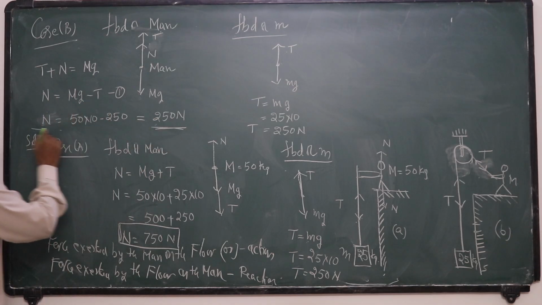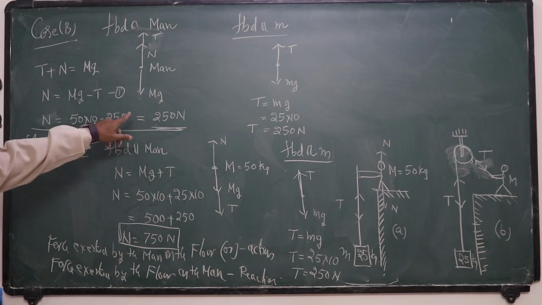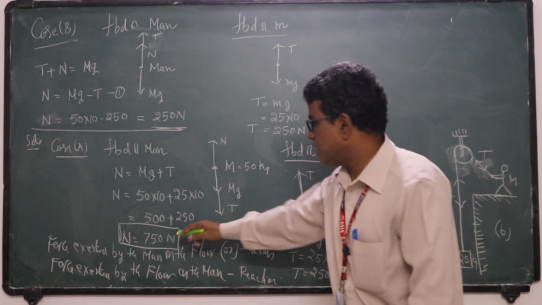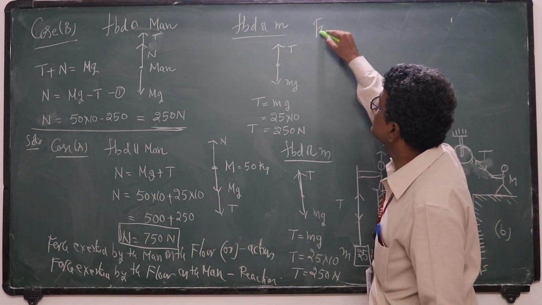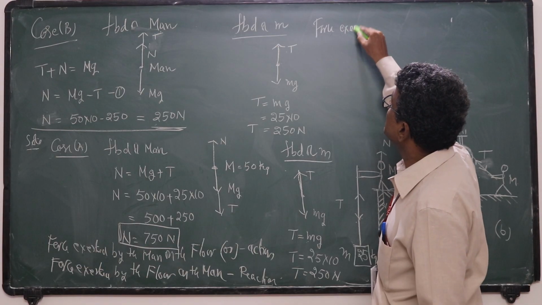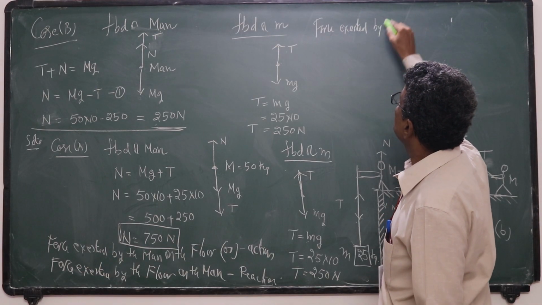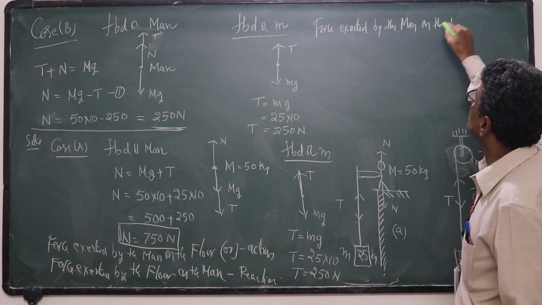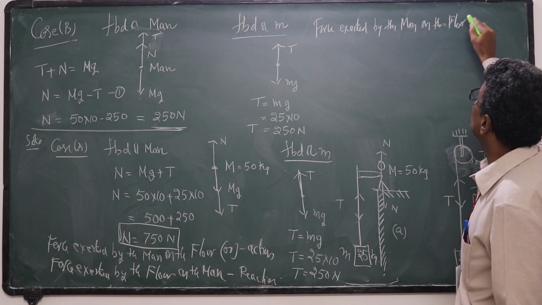Okay, so this is the answer for B. So in which case this force exerted, now in case B, the force exerted by the man on the floor, how much?